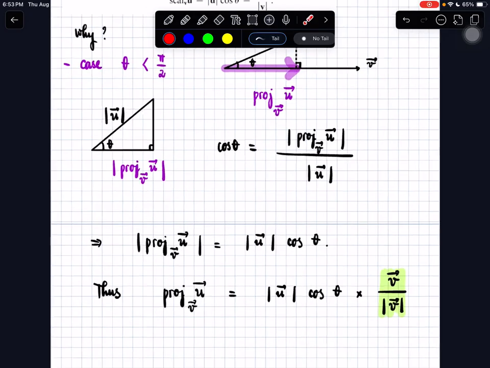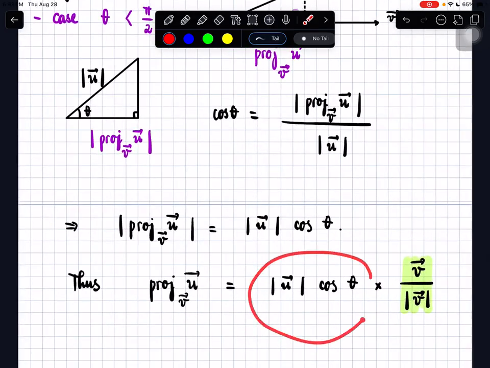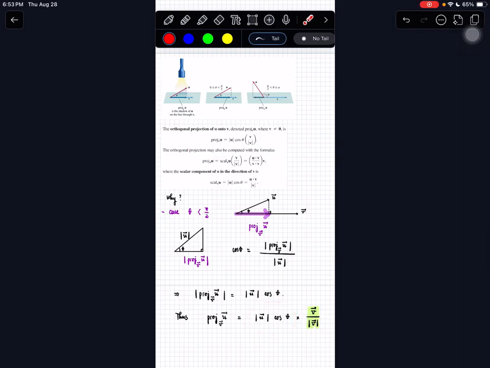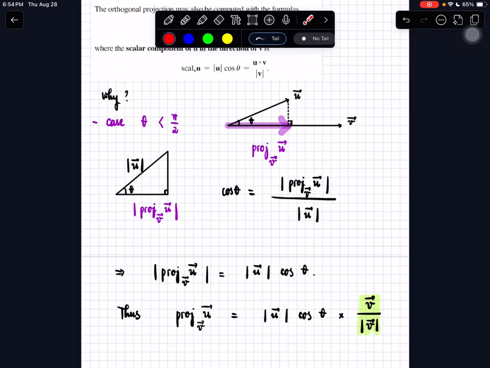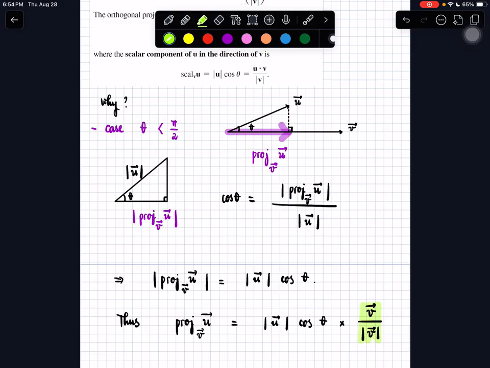And this coefficient, this scalar, we call the scalar component of u in the direction of v. So the scalar component of u in the direction of v is the length of u times cosine of theta. That is the scalar projection.